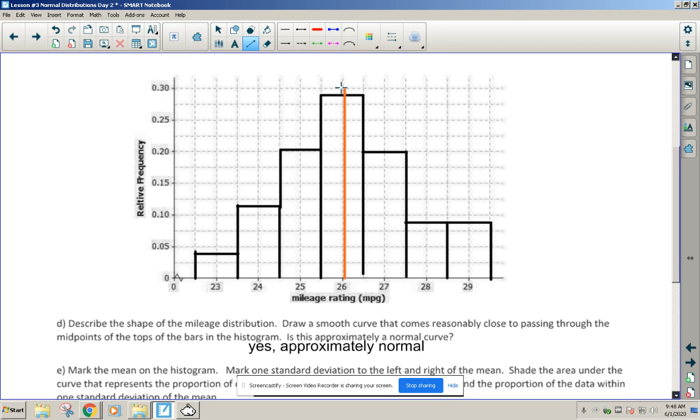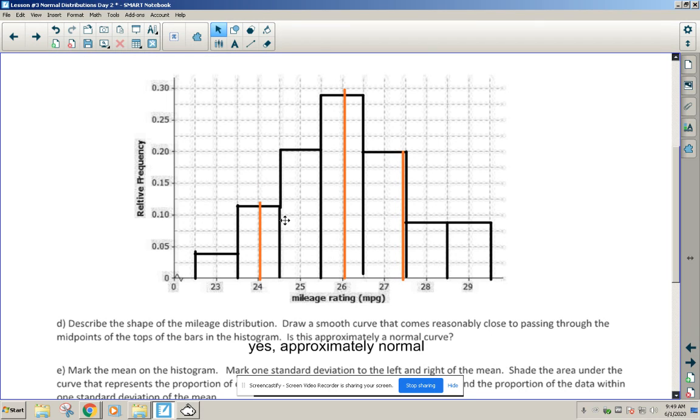And one standard deviation, 26.04 plus 1.51 gives me 27.55. So that would be roughly around here. And 26.04 minus 1.51 gives me 24.53. Yes, that would be roughly about here. So that looks about right.